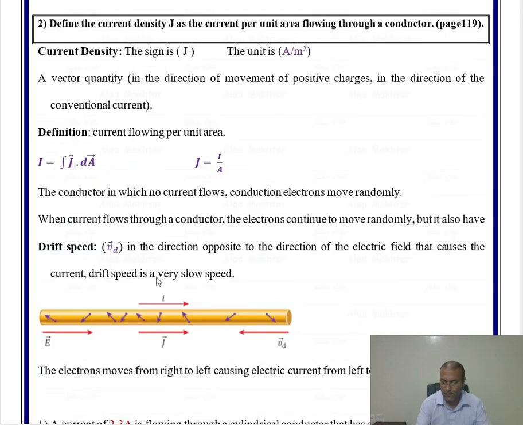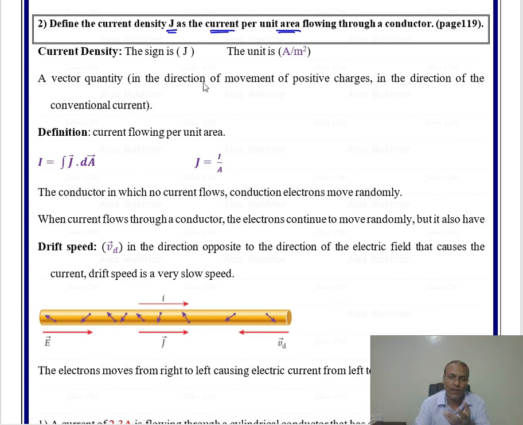The second question: define the current density J as a current per unit area. Current is I per unit area A flowing through a conductor, page number 119. The symbol for current density is J and the unit is ampere per meter square. It's a vector quantity. What does vector quantity mean?